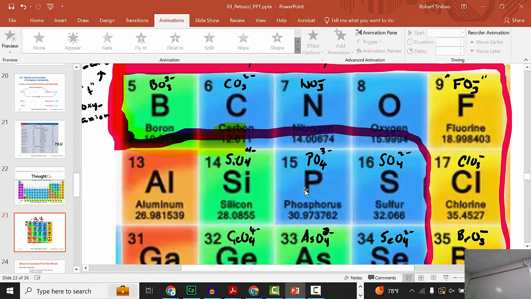Now we go over here, and we go to chlorate. So it's -2 for the oxygen times 3. So that's -6 plus what gives us -1? +5. Is chlorine maxed out? No. It's not maxed out.